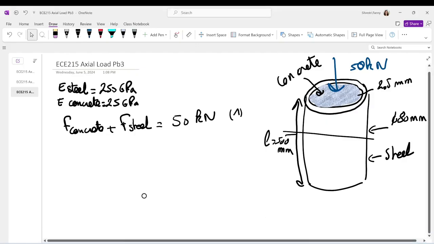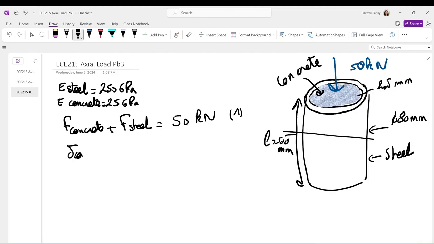Equation number two will be the fact that the displacement of the concrete will be the same as the displacement of the steel. They move together, they will compress together. What is the formula for that?